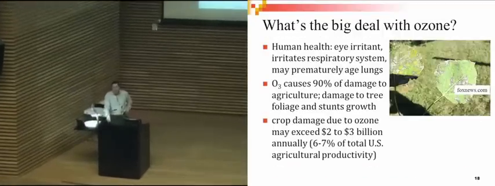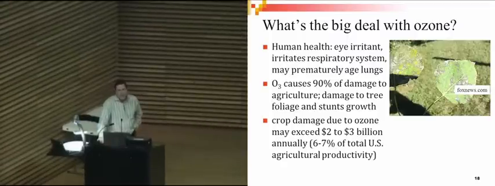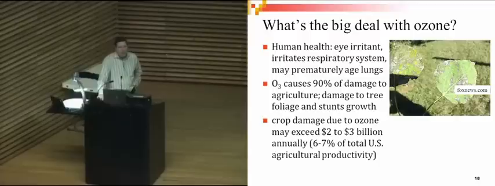So what's the big deal with ozone? Well, it's an irritant. Again, it's an oxidant, and so it can irritate your respiratory system. It can be an eye irritant, so it's something that you don't want to be around, especially for sensitive populations. But there are other effects that follow from higher ozone levels. Ozone actually causes 90% of the damage to agriculture.